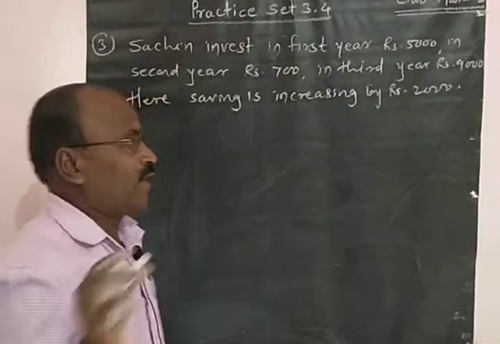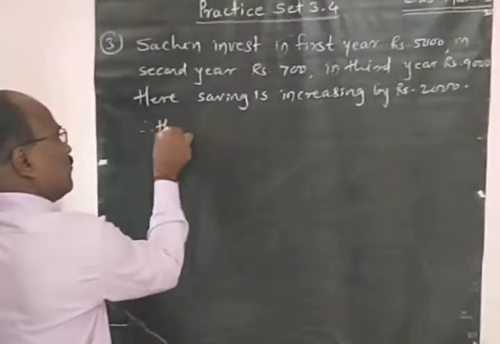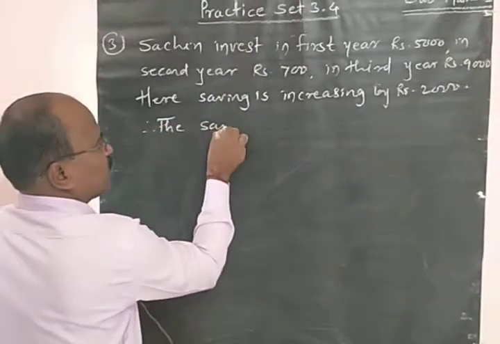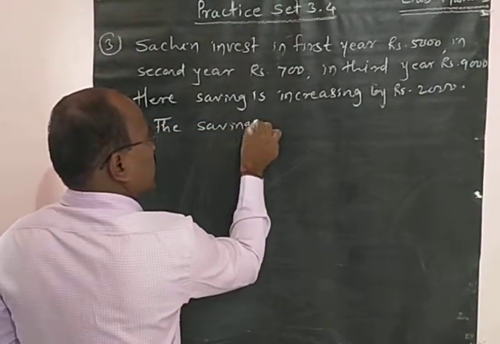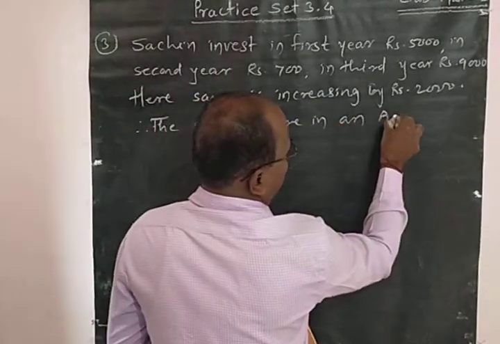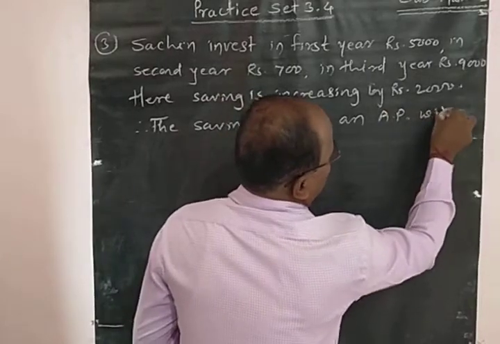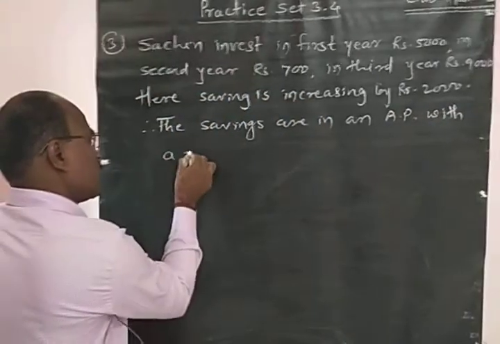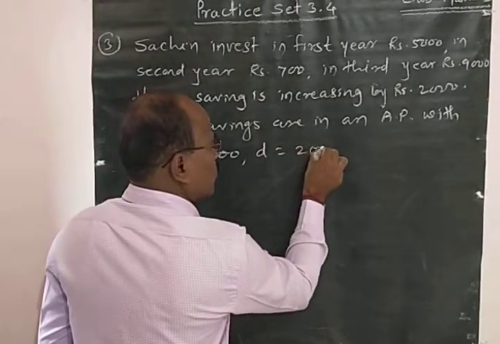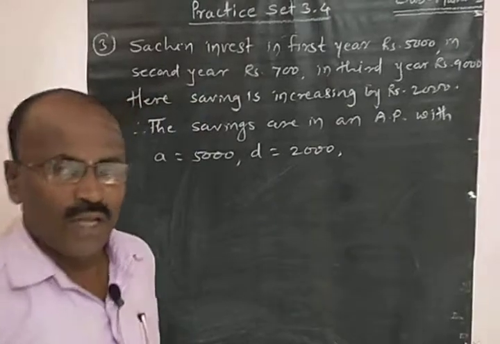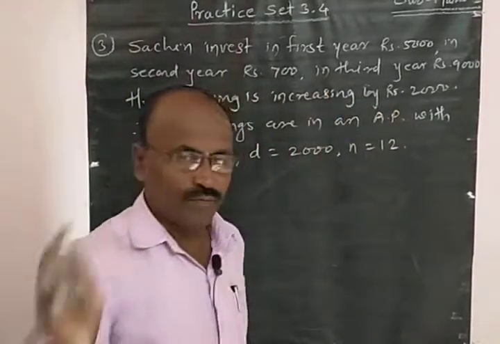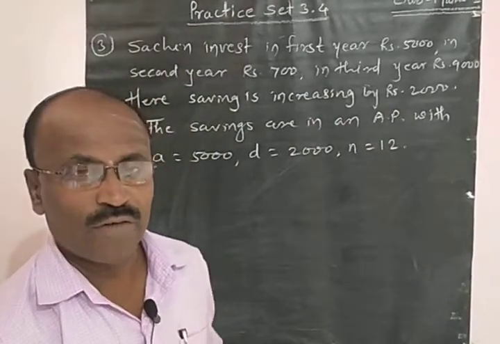Therefore the savings are in an AP with first term A equal to 5,000 and common difference D equal to 2,000, and when N is equal to 12 here. We have to find how much he saves in 12 years.